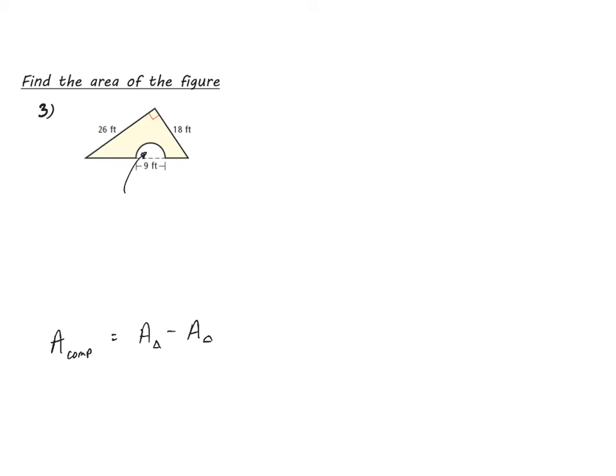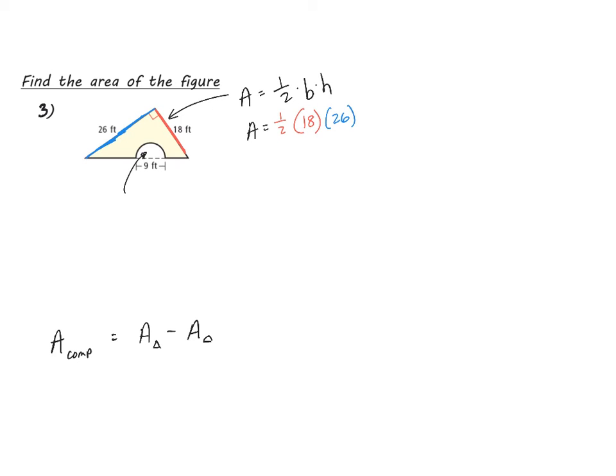So let's start with the area of the triangle. Area of the triangle is found by doing 1/2 base times height. All right, remember the bases and the heights run perpendicular to each other. So if 18 is my base, that means 26, because it's perpendicular to the 18, it must be my height.